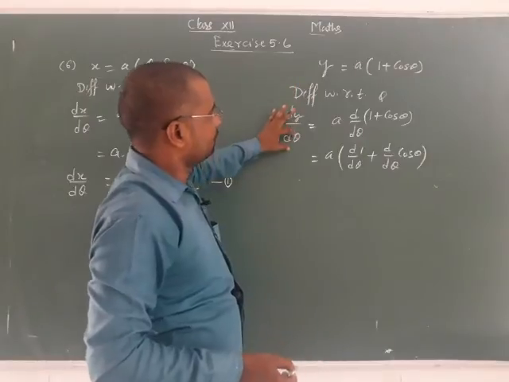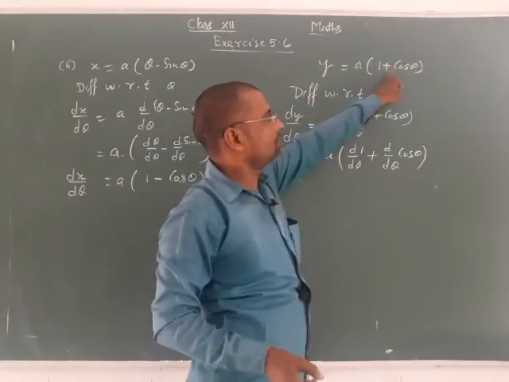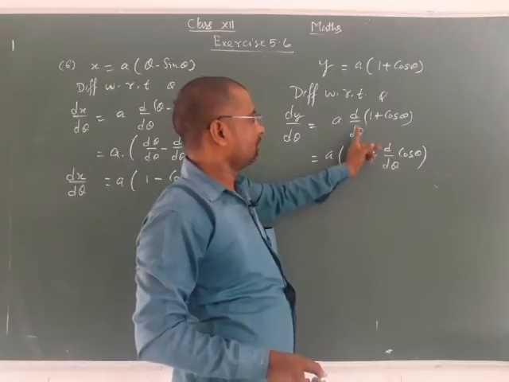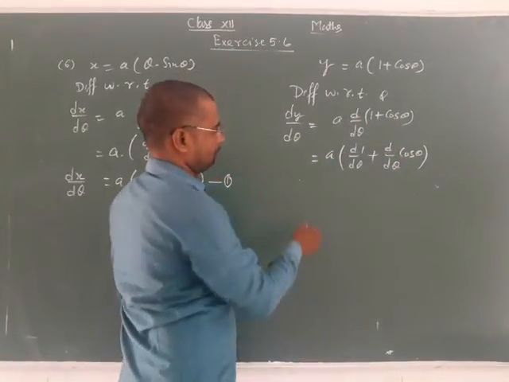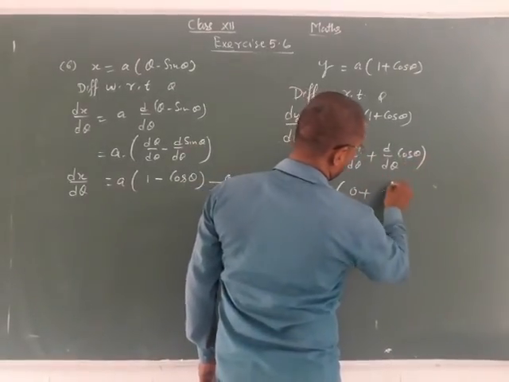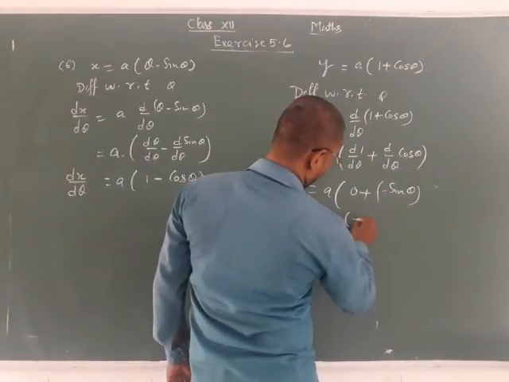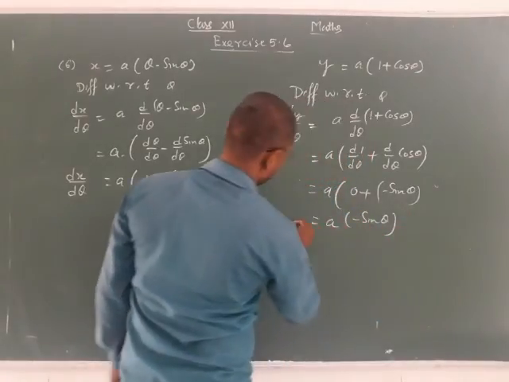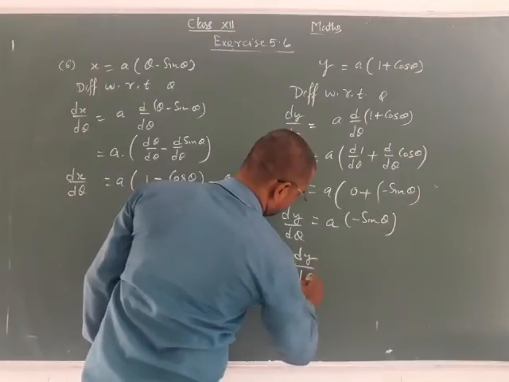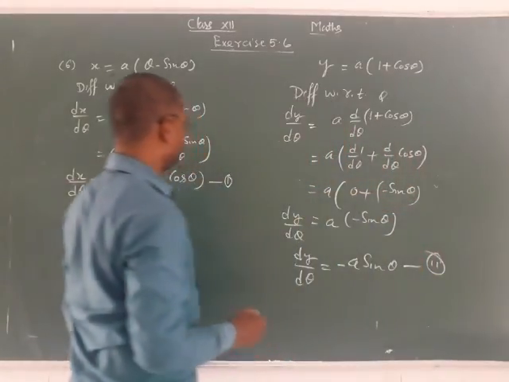So dy upon d theta is equal to a into d1 upon d theta plus d cos theta upon d theta. So a, derivative of constant is 0 plus derivative of cos theta is minus sin theta. So dy upon d theta is equal to minus a sin theta. Now the second part.